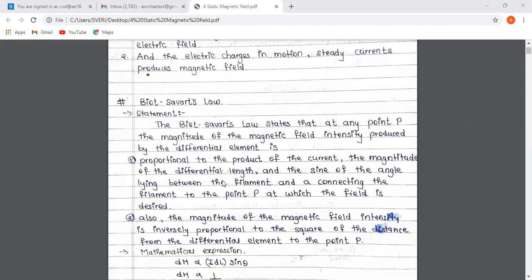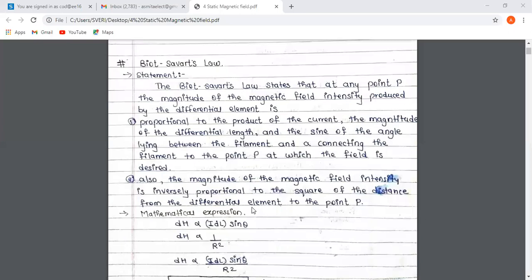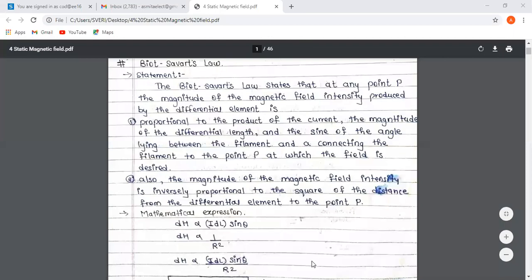We consider one point on that filament and connect it to the point P where we have to find the magnetic field intensity. Biot-Savart's law gives the magnitude of the magnetic field intensity, which is directly proportional to the product of current and the magnitude of the differential length, and the sine of the angle between the filament and the line connecting the filament to point P.